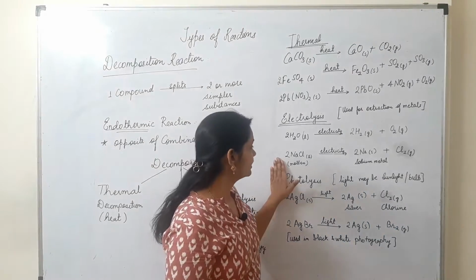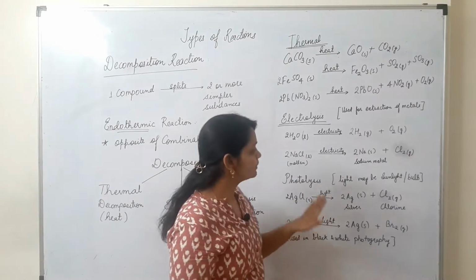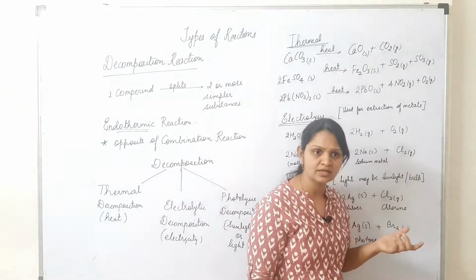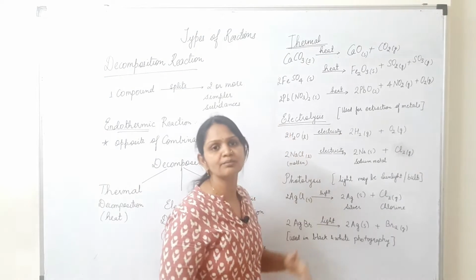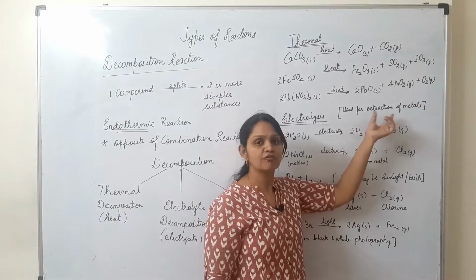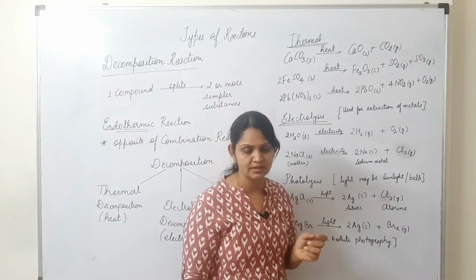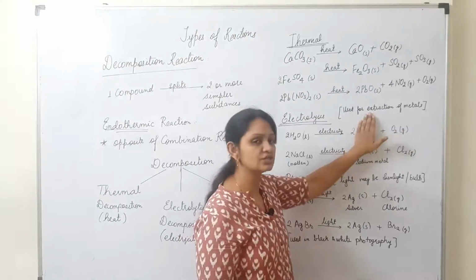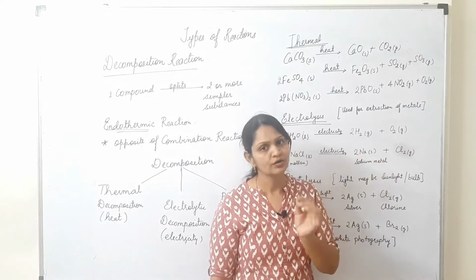When current is passed through molten sodium chloride, it decomposes into sodium metal and chlorine gas. So electrolysis is used for extraction of metals from their chlorides or oxides.